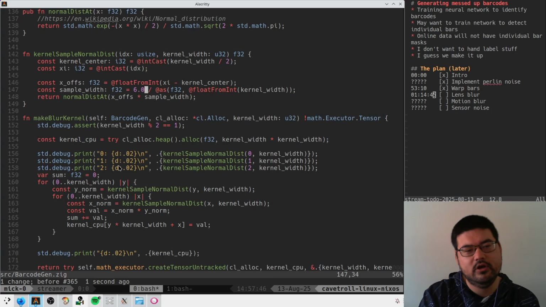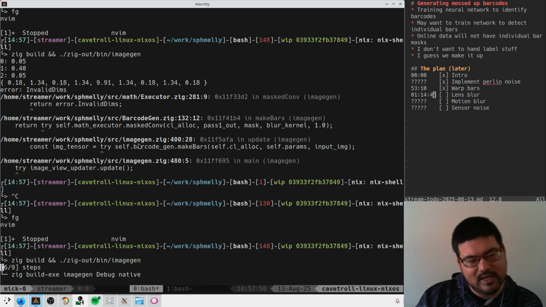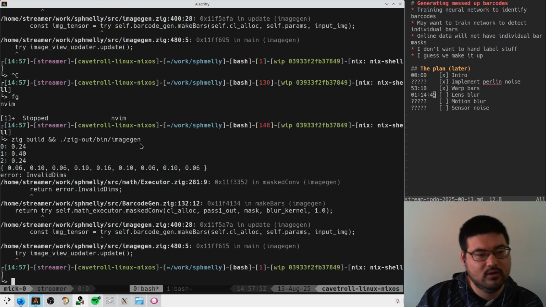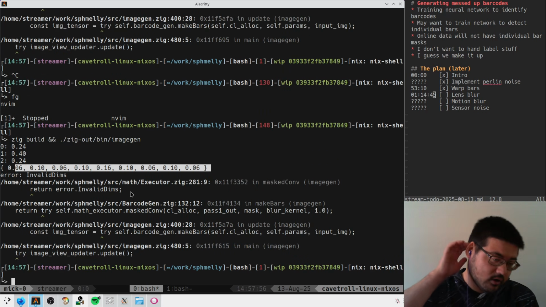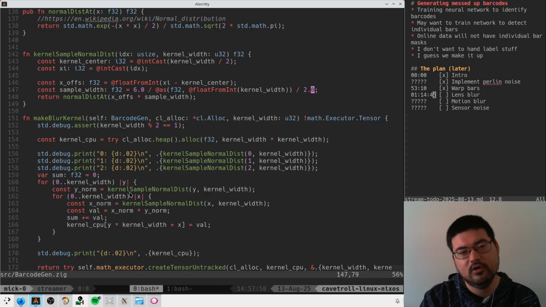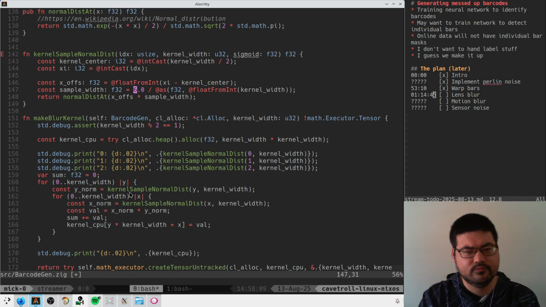We could sample from less of the width, which would make this fall off slower, which is maybe useful. So we could do something like this.